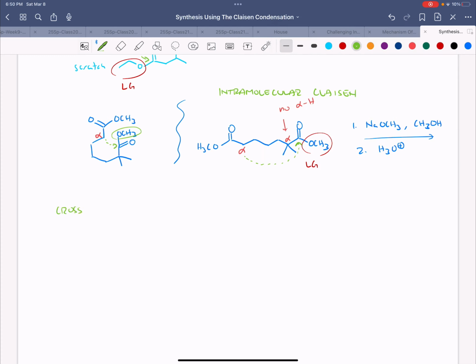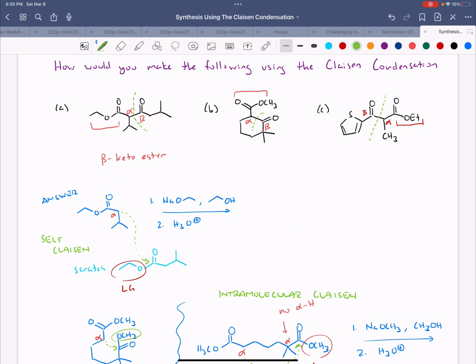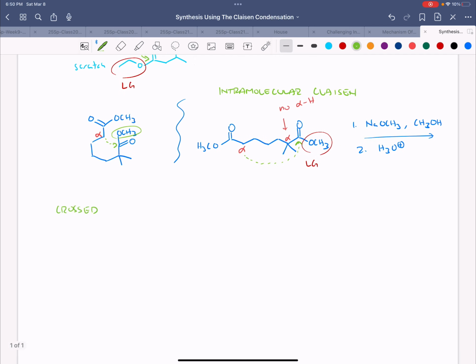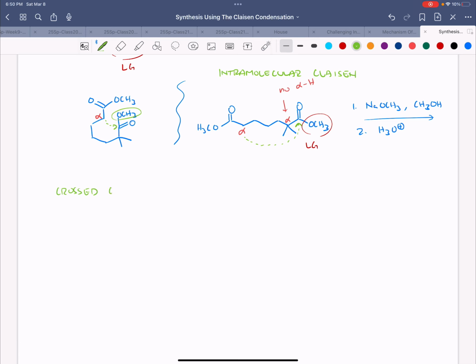Okay. Come with a strategy, we call it the disconnect strategy or the retrosynthetic strategy. What bond was made? I drew a dotted green line to show what bond was made, because those are the two pieces that came together. Cross Claisen. And our attacker was what?